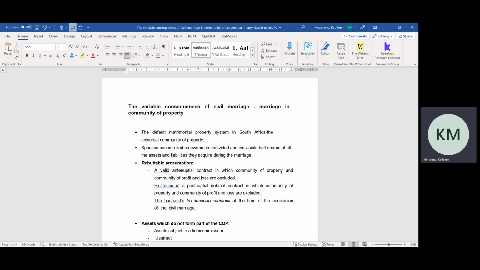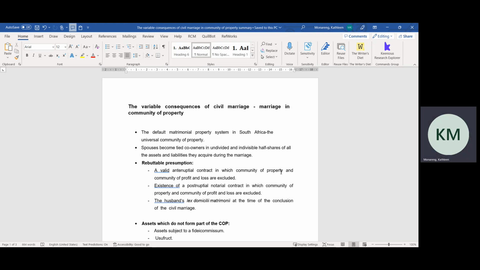COP is community of property, and your spouse will automatically own 50% of that immovable property. As well, if, for example, you enter into a COP marriage with a student loan, the student loan will automatically form part of the joint estate.